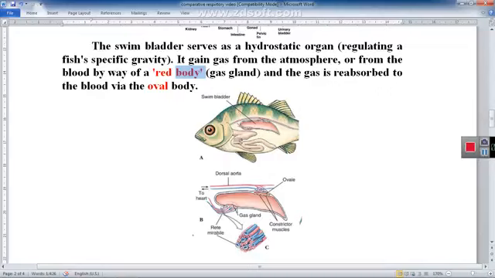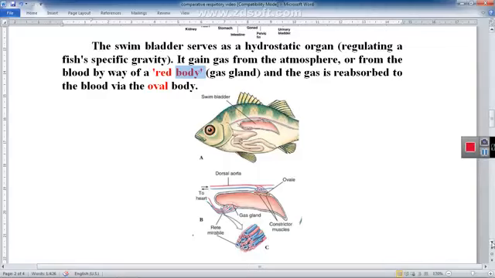So the red body or gas gland produces the gas, and the oval body reabsorbs the gas, and thus the gas will decrease and increase according to the level needed by the fish to float at a higher or lower level in water.